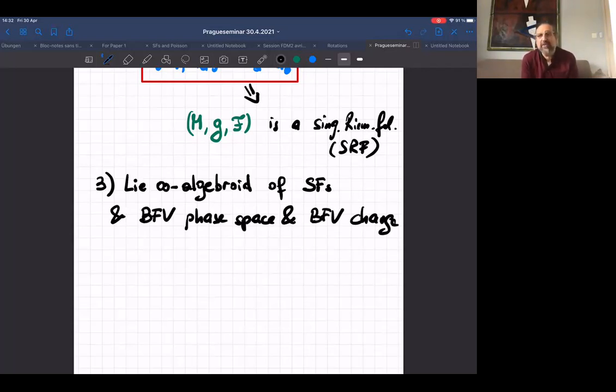So there is a Q there, and it seems to be a good candidate for a BFV charge after a reinterpretation. Because this Lie infinity algebroid, as I'm going to say in a second, corresponds to a vector field on some graded manifold, so I can view it as a function on the dual bundle, the cotangent bundle, and that is precisely the setting we need for BFV phase space.